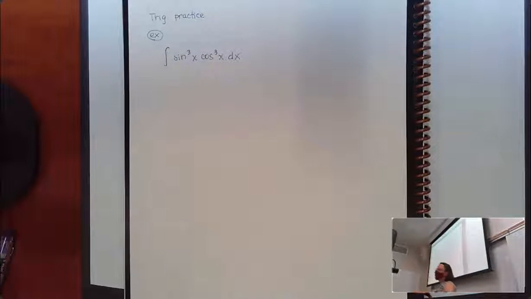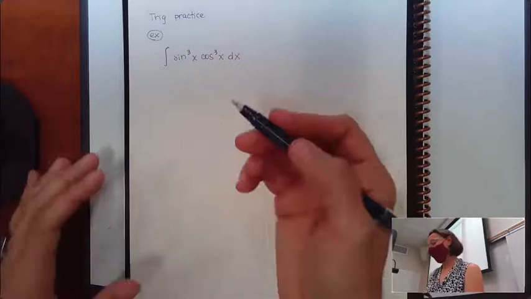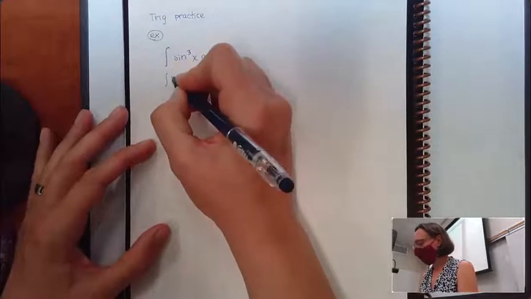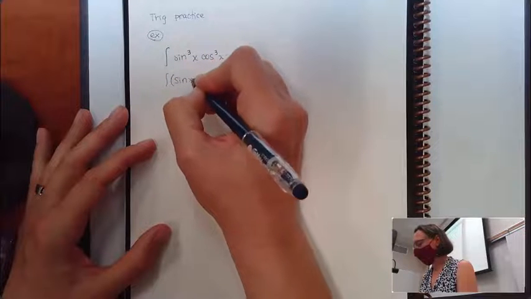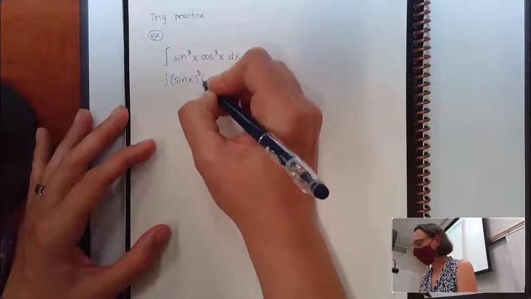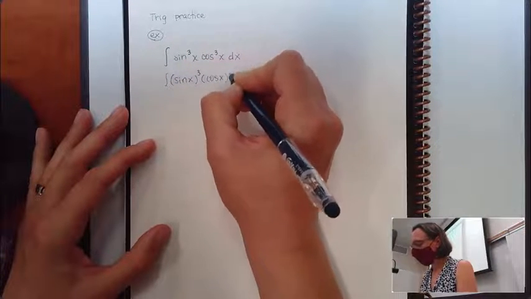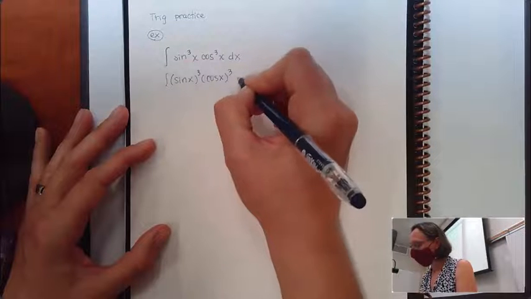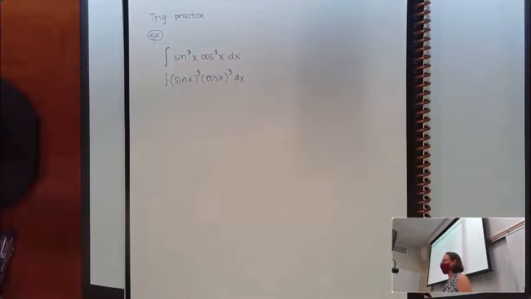I'm going to walk up to this integral. And the first thing that I personally might do is actually rewrite this for my own sanity as sine of x cubed times cosine of x whole thing cubed. You don't have to do that, but sometimes it just helps me to switch it up visually like that.